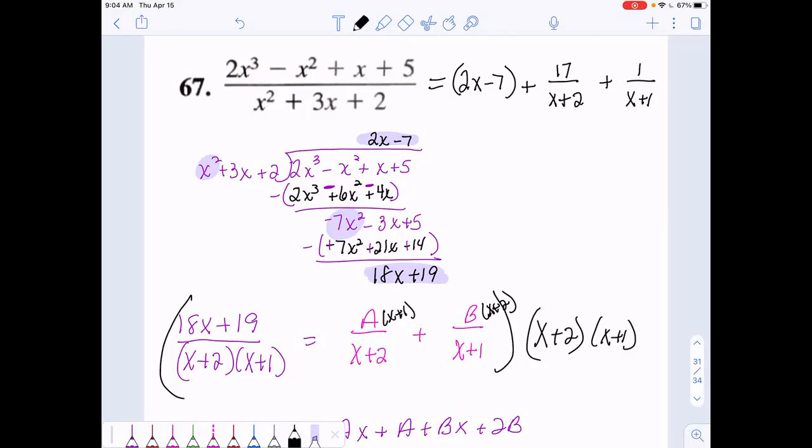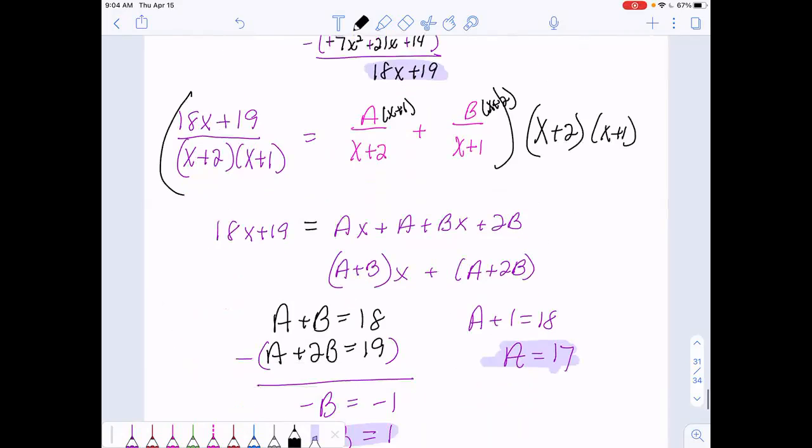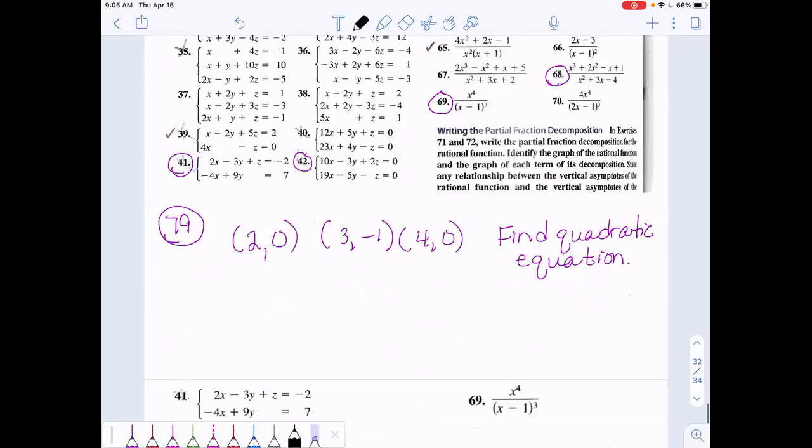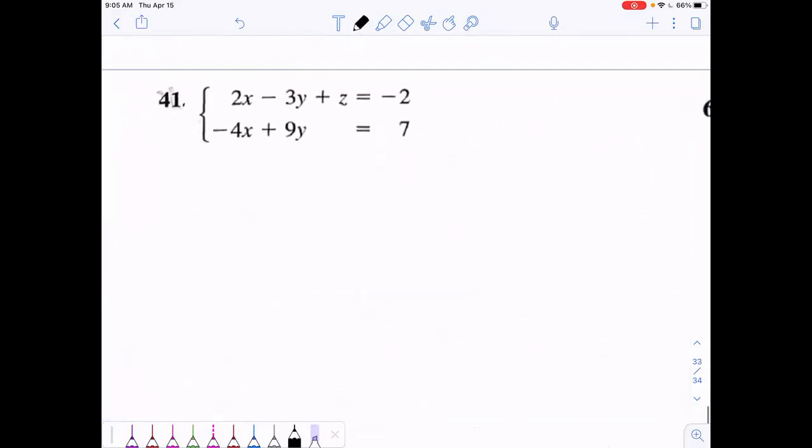So if you want to start a new slide, start a new assignment in Notability, I want to, as I said, go through number 41 with you. So I want to start the review with you, and then I'm going to give you time in class to work. But the problem that I want to do with you is number 41. I will also pull the problems up on the screen, but I have 2 books over there that you can then take a picture of.